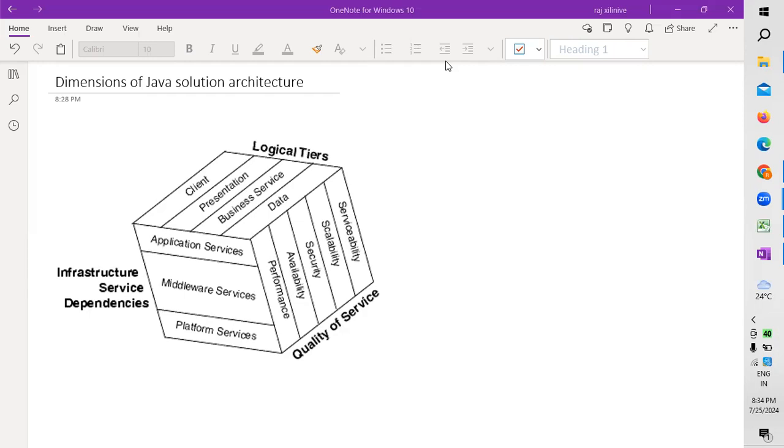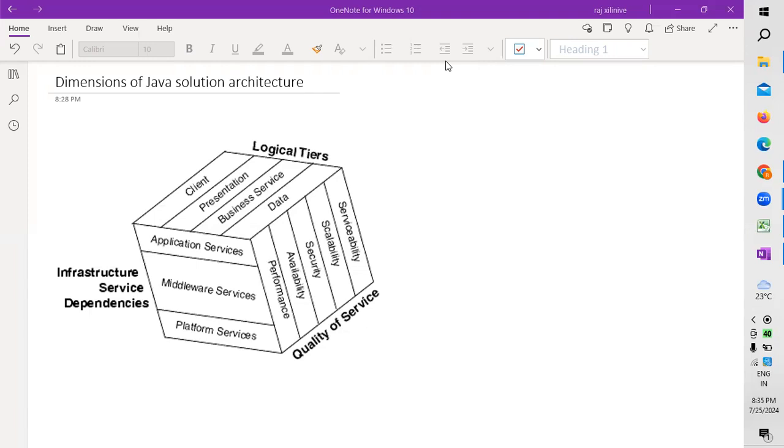Infrastructure services emphasize the role of system service components, in support of the distributed solutions we are developing. Application services, middleware services, and platform services all come under this category.